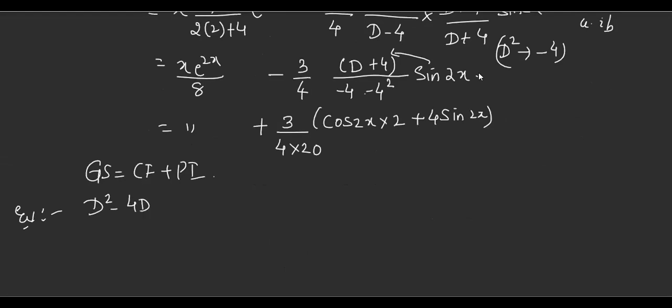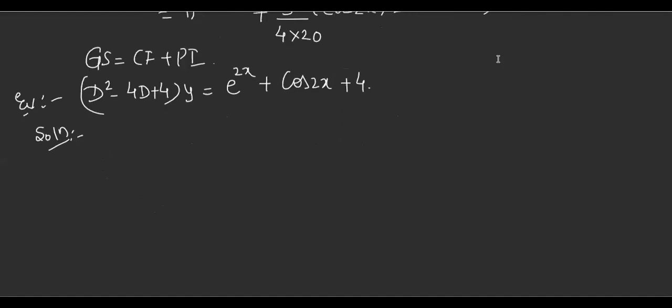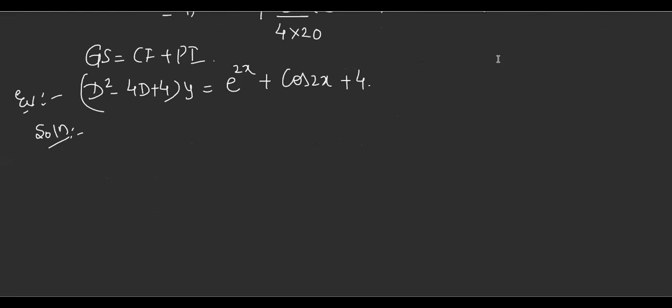D square minus 4d plus 4 into y is equal to e raised to 2x plus cos 2x plus 4. Solve the first part and tell me the CF first. So many problems, most probably 20 to 25 problems we have solved. So you should tell me CF first.